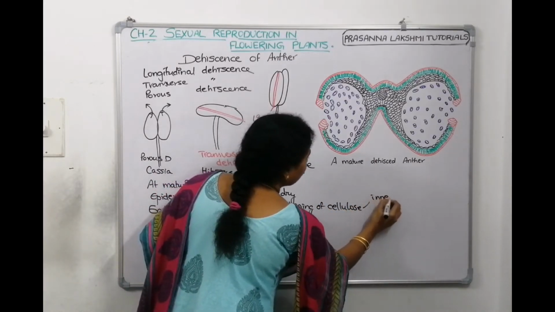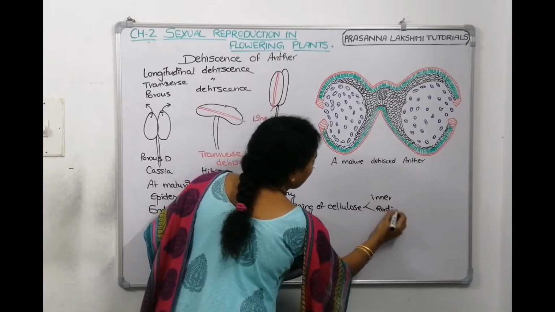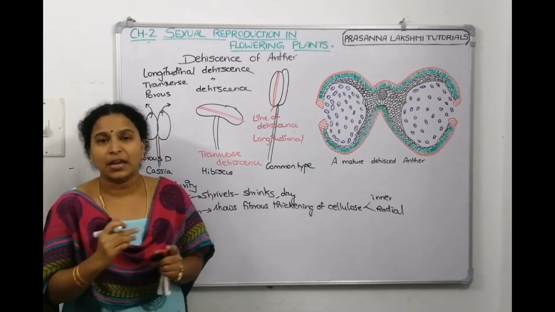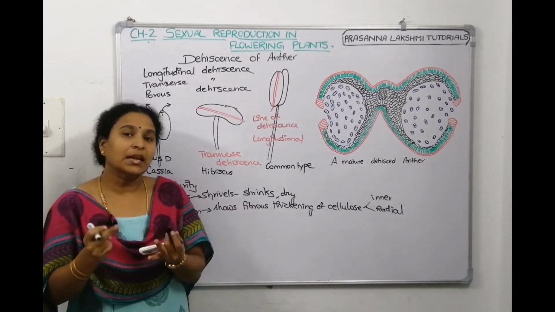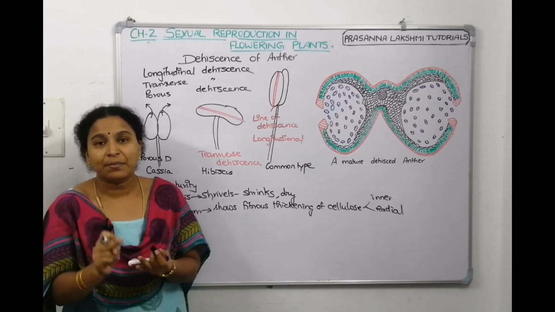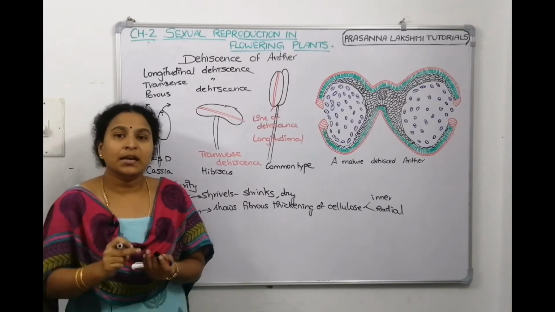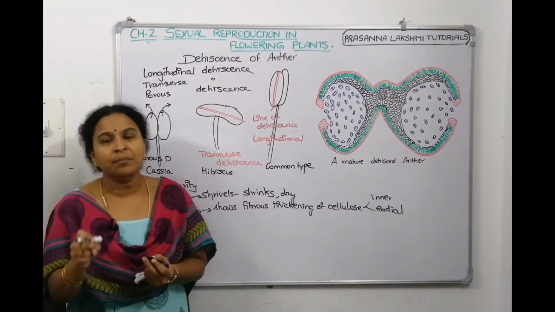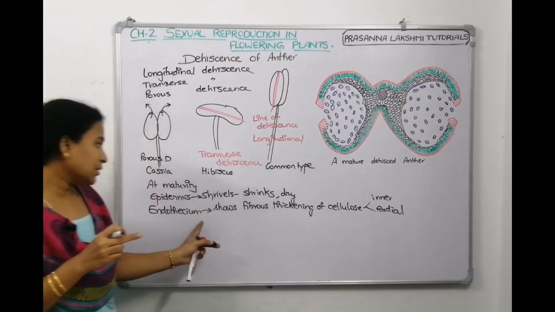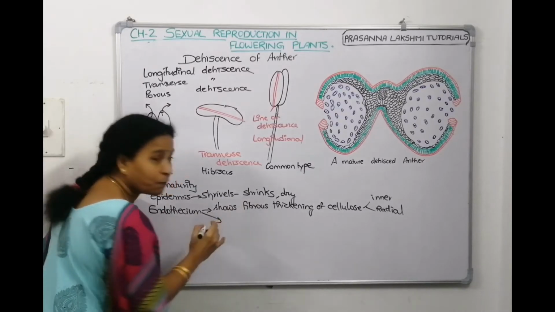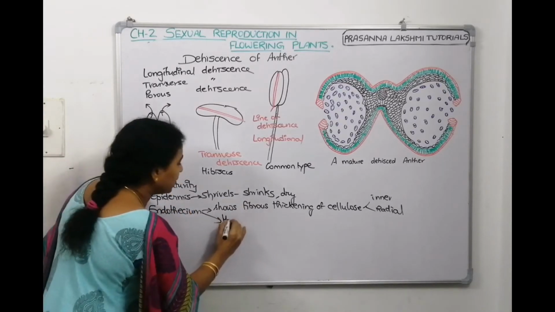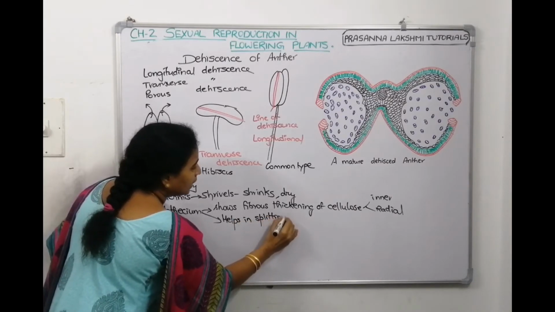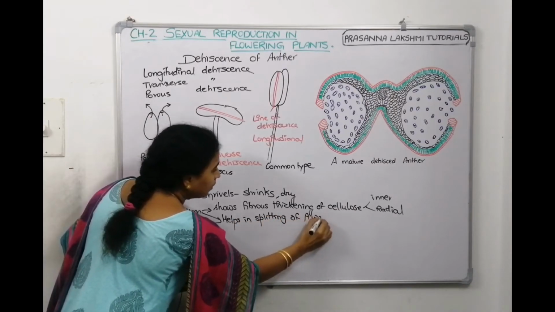On the inner wall and on the radial wall. That is why we can also call the endothecium a fibrous layer. This fibrous thickening helps in dehiscence, in splitting of the anther wall.